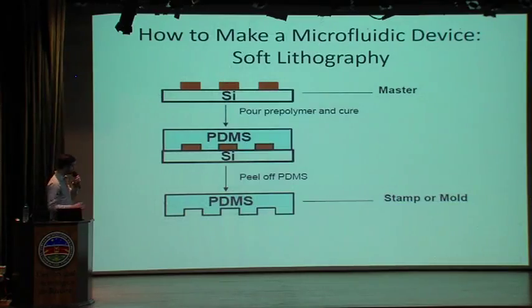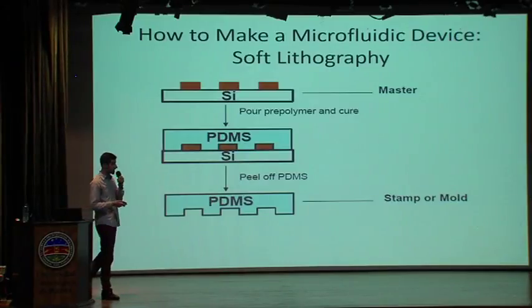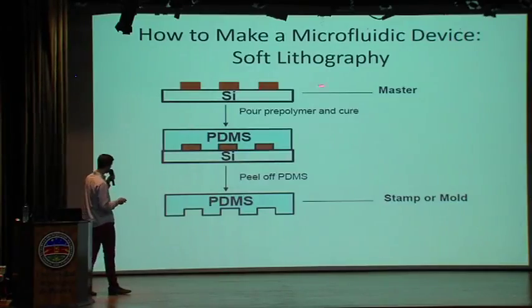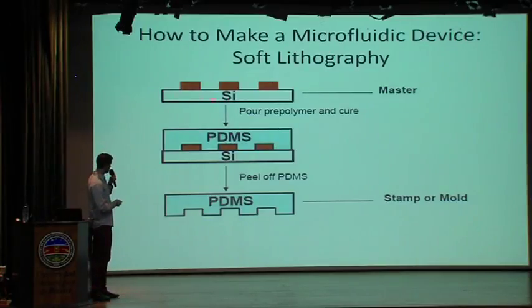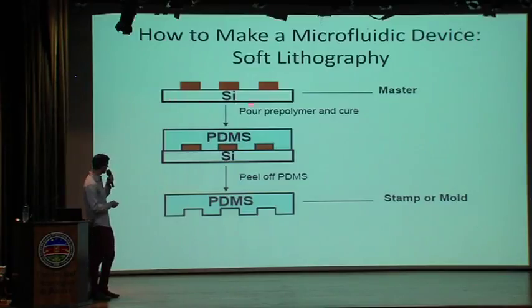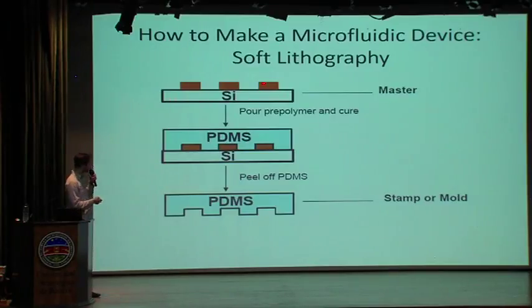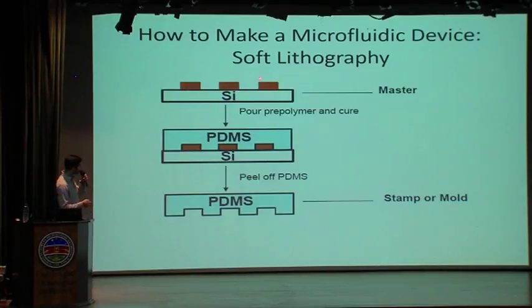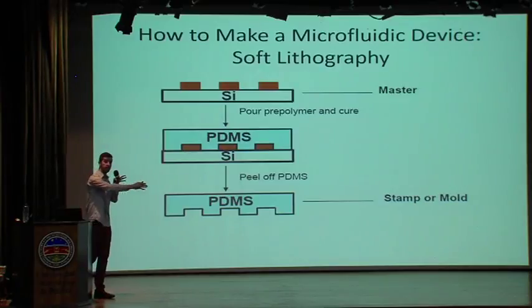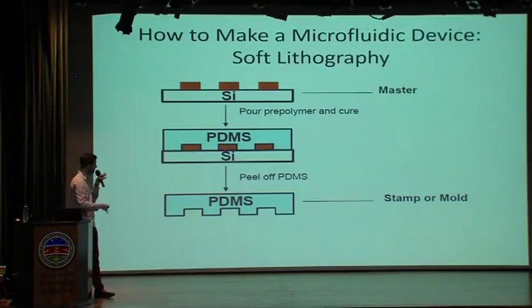So briefly, I want to discuss how microfluidic devices are made. We start by making a master through a process called photolithography. The basic idea is that you have a silicon wafer, and it has these blocks patterned onto it. These blocks are the same shape as the channels that you eventually want to make.